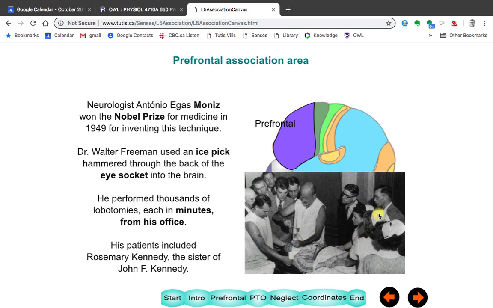And these are all would-be doctors looking at this technique with interest to be able to do it themselves. And it wasn't people without much thought that had this done to them. One of the patients was Rosemary Kennedy, who was a sister of John Kennedy. And of course, after this, she became largely a vegetable.